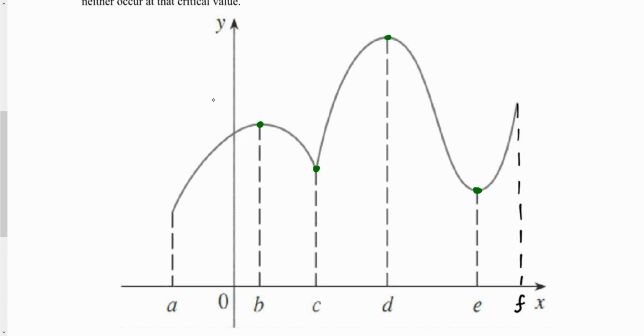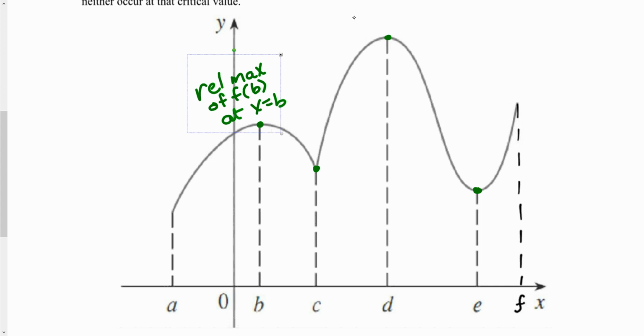All right, so this one would be a relative max of f of b at x equals b because there are no y values to the left or right of it that are higher than that one.